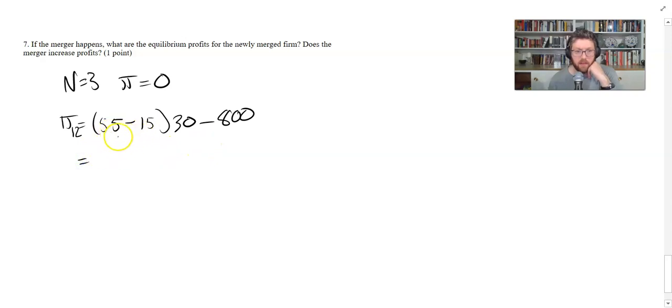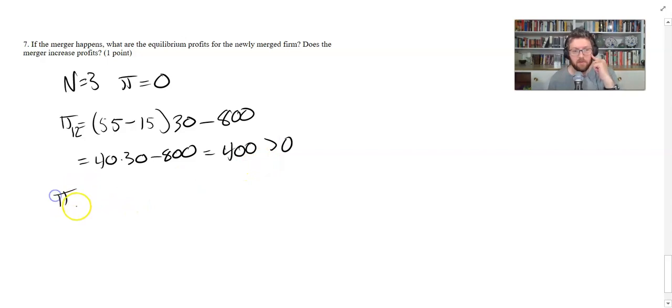So this is 40 times 30 minus 800. 40 times 30 is 1200. So minus 800 is 400. So he's doing better than pre-merger where they were just having 0.